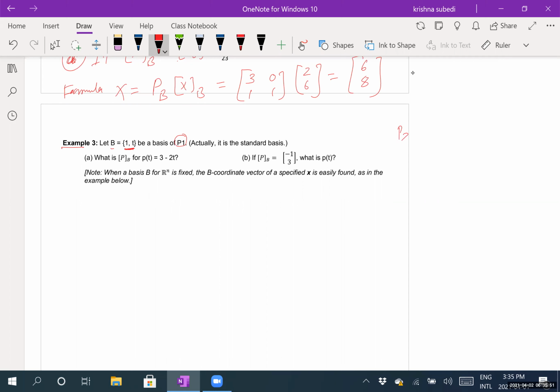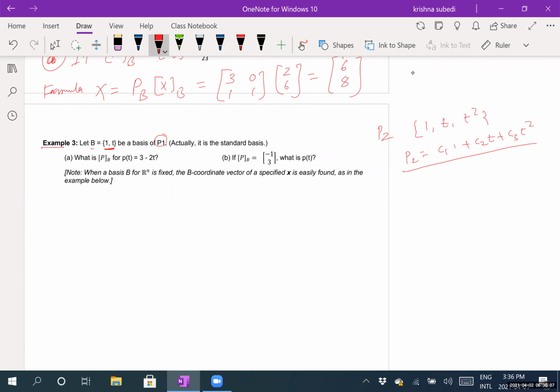For polynomials of degree 2, the standard basis is 1, t, t square, because remember P2 is of this form: C1 times 1 plus C2t plus C3t square, a polynomial of degree 2. That is the standard form of P2. And P1 means C1 times 1 plus C2t. So this is the standard form of a polynomial of degree 1.